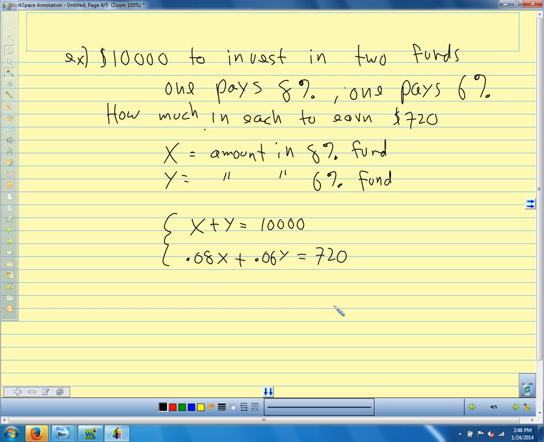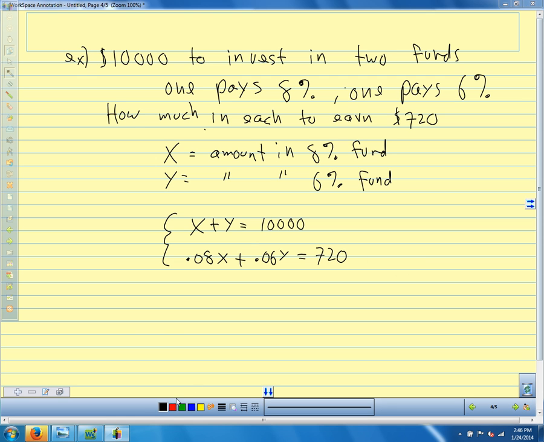Looking at this, what would be a good first step to solve this? So we could solve this one, put this into the bottom. What would simplify our work a little bit before we even do that?